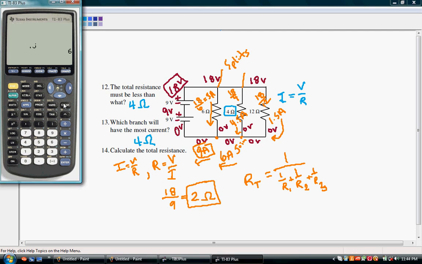So what we're going to do is put 1 over, and then start your parentheses, 1 over 6 plus 1 over 4 plus 1 over 12, and we should get the same thing. We should get 2 ohms. And we do. So we know that this total resistance for the parallel circuit is 2 ohms.